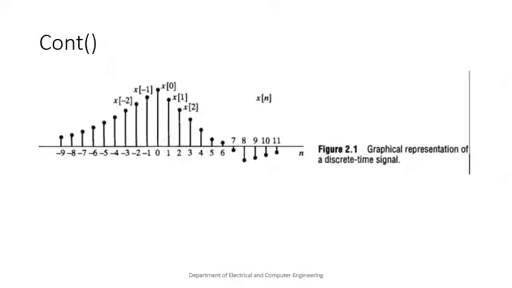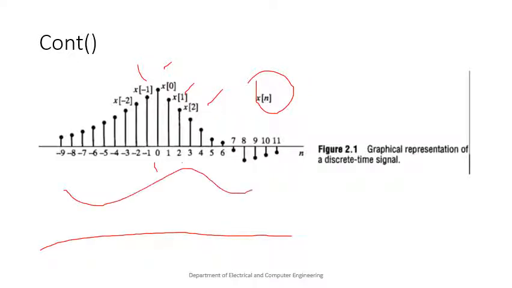So this is the signal x of n. This is the zeroth sample, this is the first sample, second sample, third, fourth, and so on. This is the x of minus 1 sample. So how do we do it? For example, this is our continuous signal.